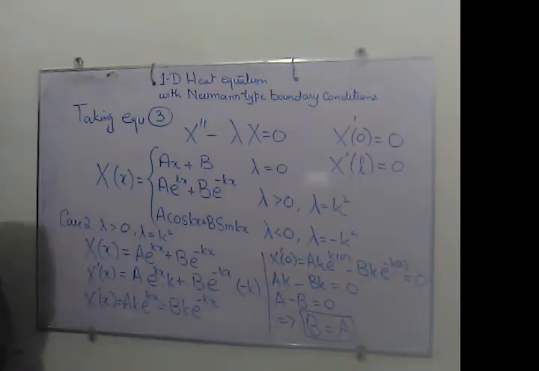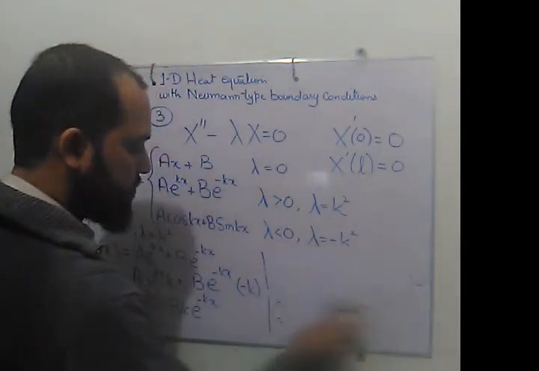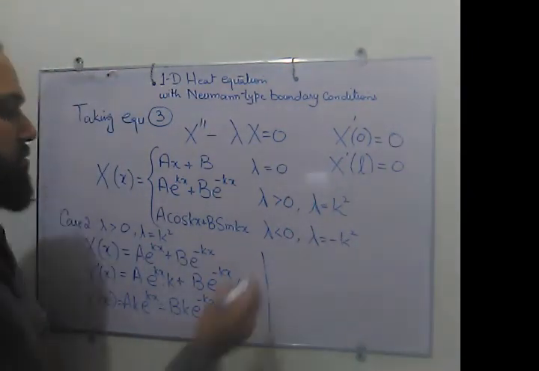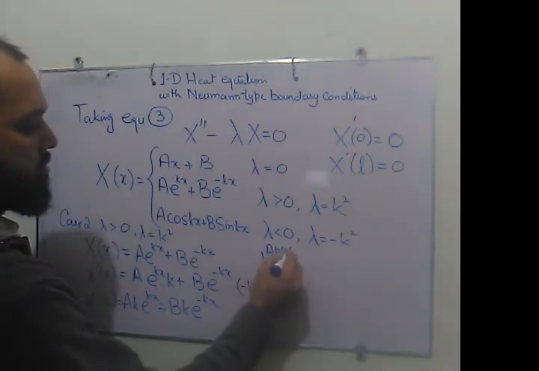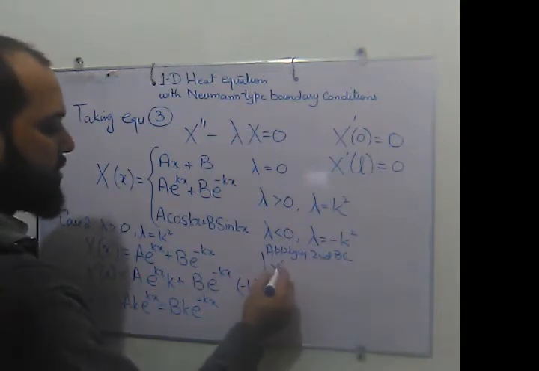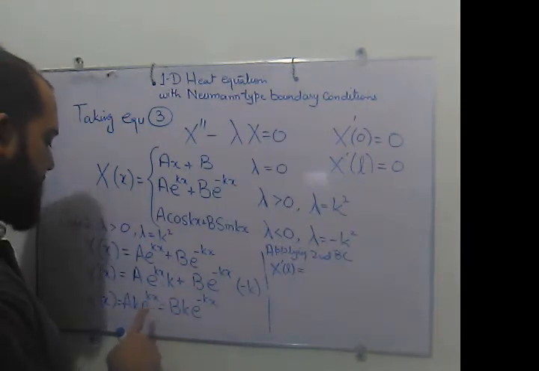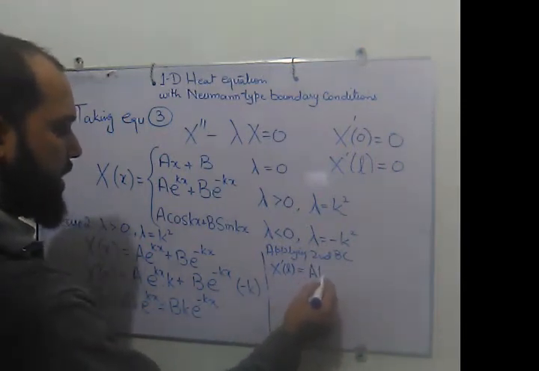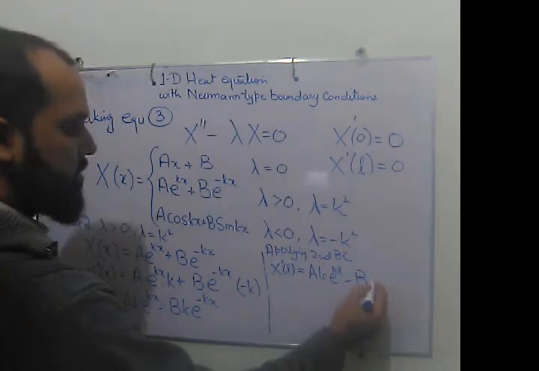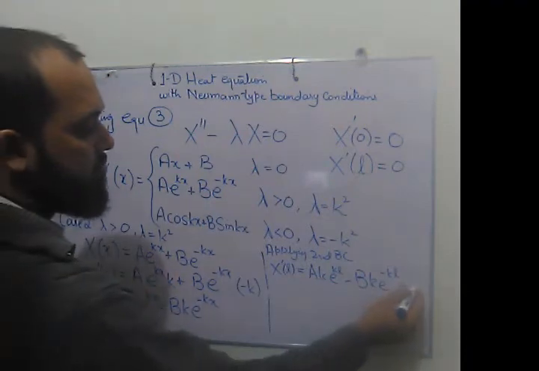Here we apply the second boundary condition. It will be X'(L), so we will place L in place of x. So it becomes a k exponential kL minus b k exponential minus kL, and this X'(L) is equal to 0.